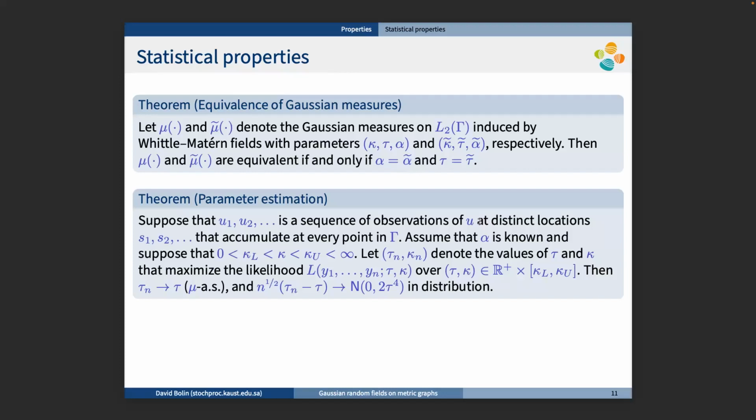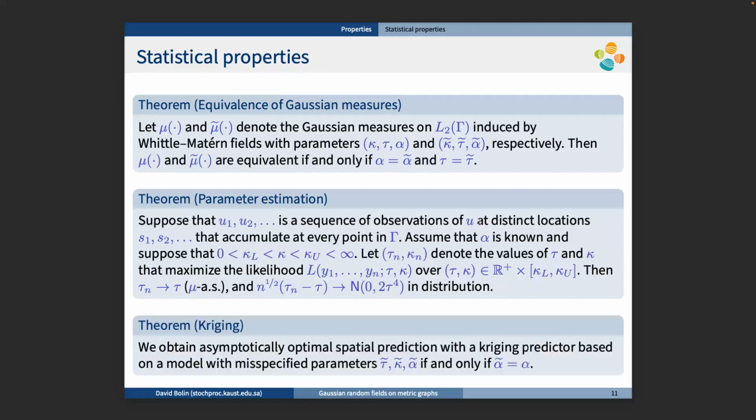But for a fixed value of the smoothness parameter, you can estimate the precision parameter tau consistently, and the maximum likelihood estimator of that also has some asymptotic normality properties. This is exactly how the Gaussian Matern fields in R^d behave.